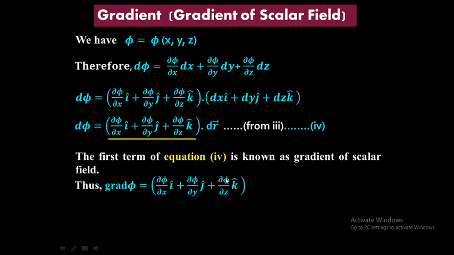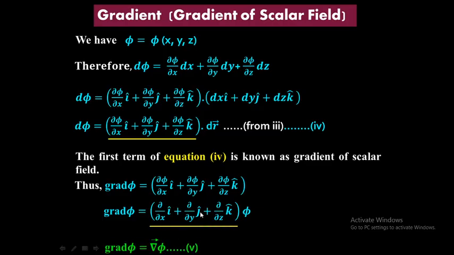Suppose we take phi outside the bracket in multiplication, so we will get phi times del by del x i plus del by del y j plus del by del z k. This is nothing but the del operator, also called the vector differential operator. It can be represented by the del vector.